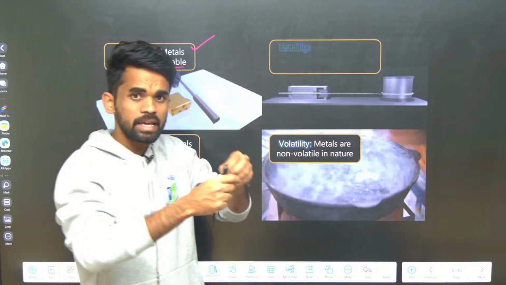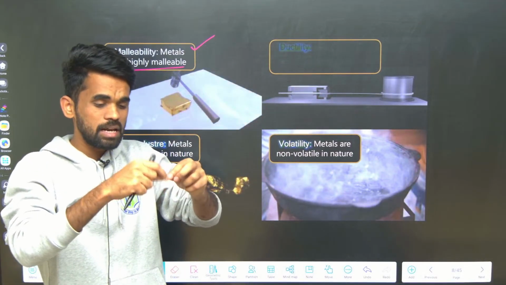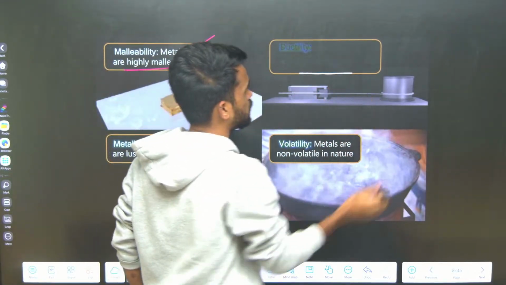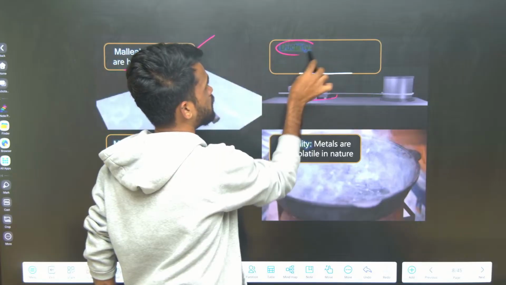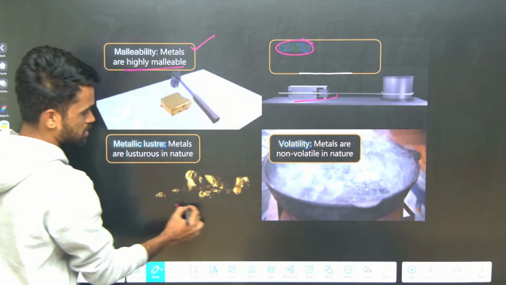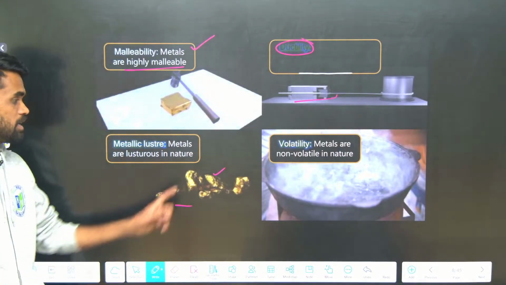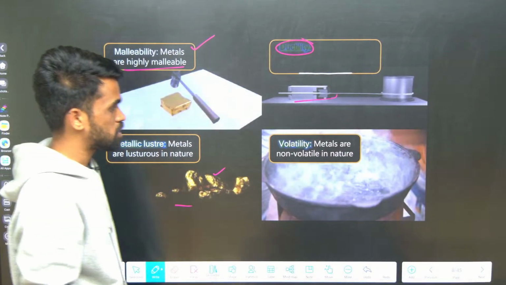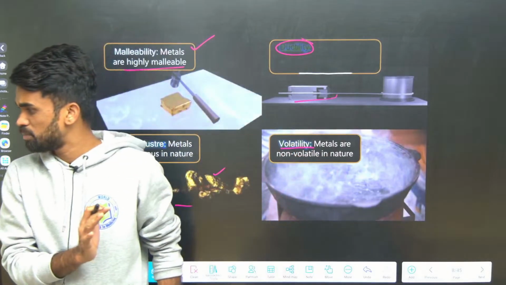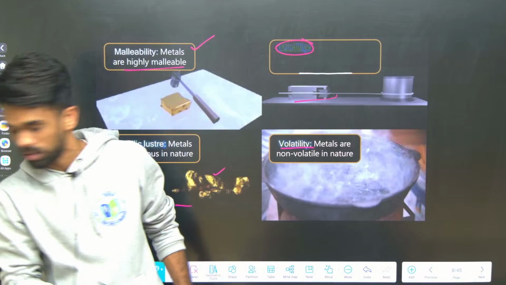Ductility means metals can be converted into thin wires, and that is the property called ductility. Metals also have lustrousness, which is also a property of transition elements, and these are non-volatile, remember this point.